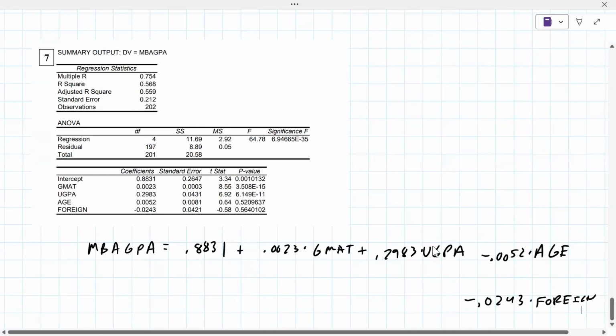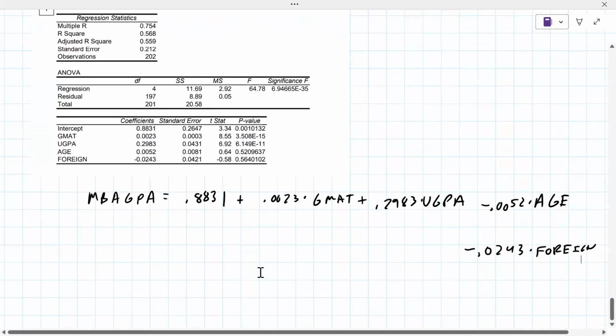But what specifically is that telling us? What is the GMAT one telling us? Take you or some other student. They've got a GMAT score, an undergraduate GPA, an age, and they're foreign or not, and we would put those into this equation and get out a possible GPA.